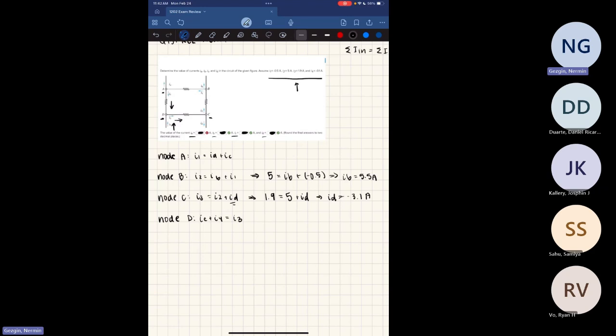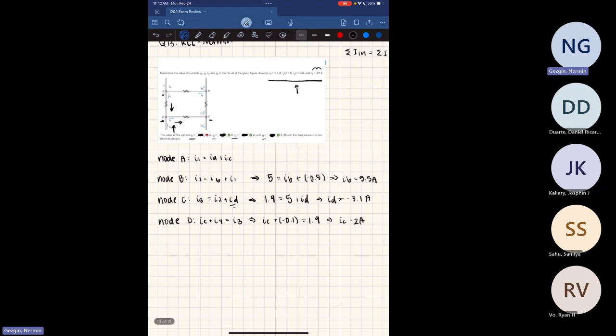Okay. Now we're looking at node D. So we have IC plus I4, where I4 is negative 0.1, and this is equal to I3, which is 1.9. Solving this through, IC is equal to 2 amps.